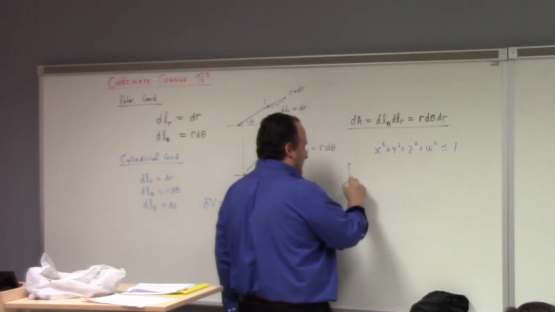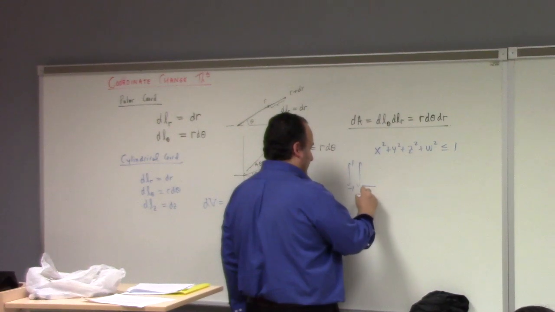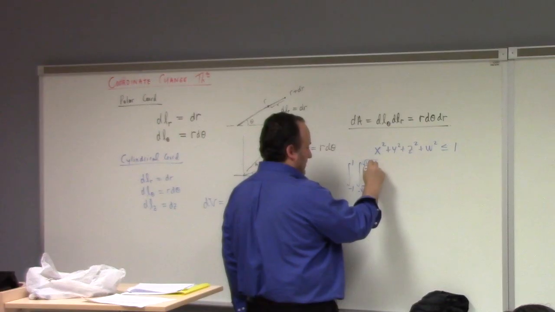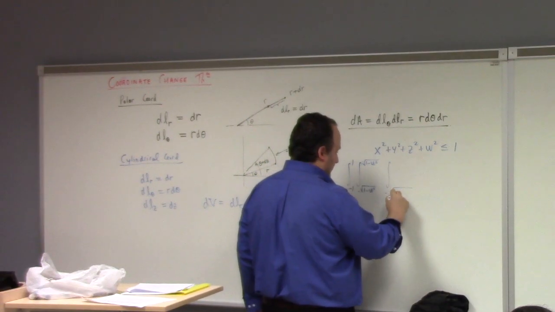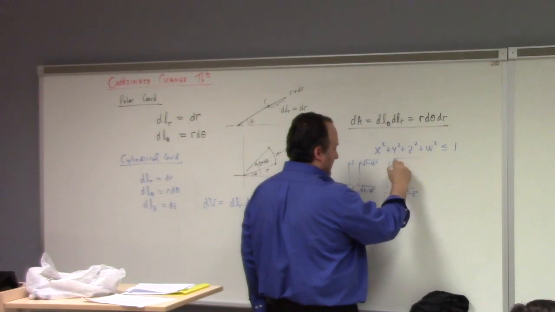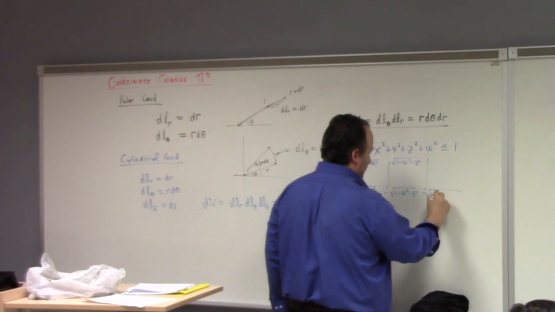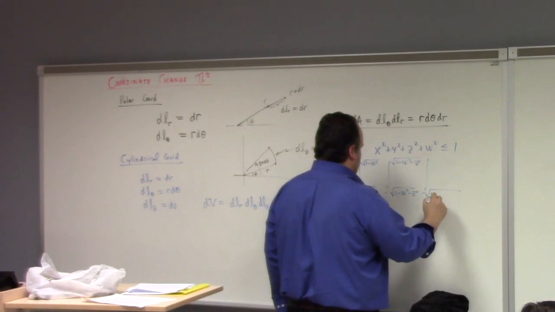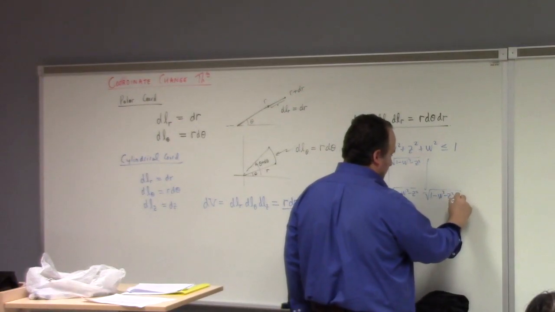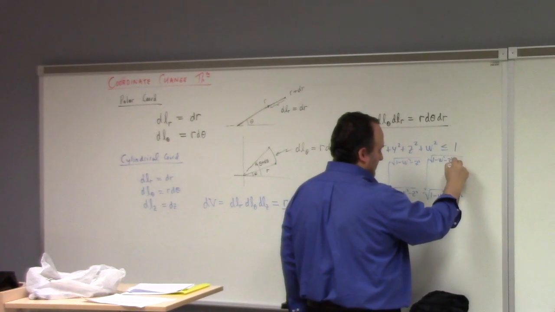You could do integral from -1 to 1, integral from the negative square root of 1 minus w squared to the square root of 1 minus w squared, integral minus the square root of 1 minus w squared minus z squared to the square root of 1 minus w squared minus z squared, integral minus the square root of 1 minus w squared minus z squared minus y squared to the square root of 1 minus w squared minus z squared minus y squared.